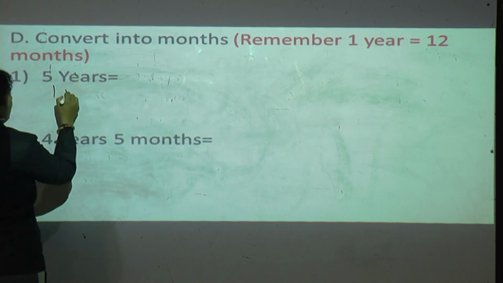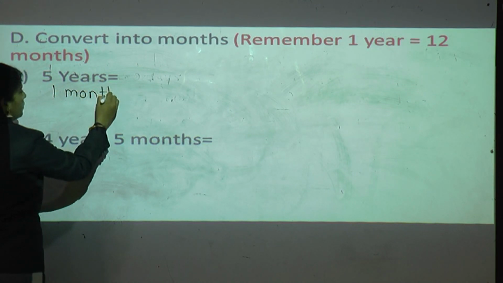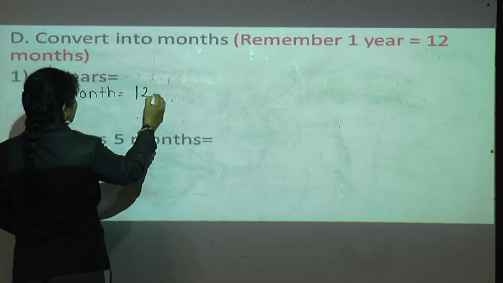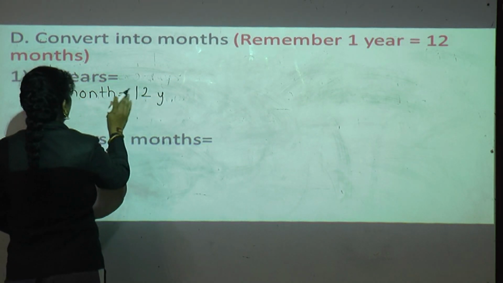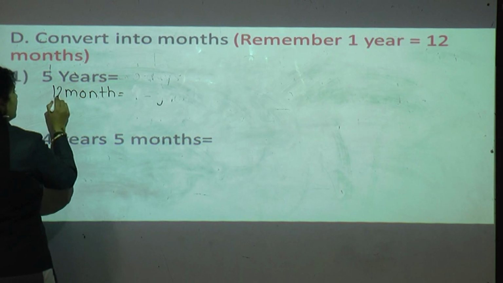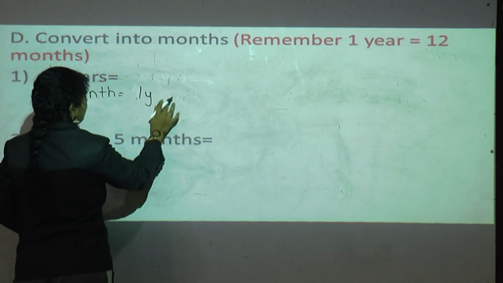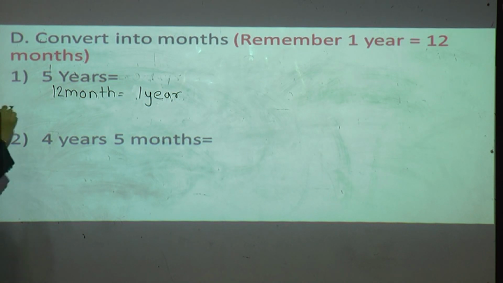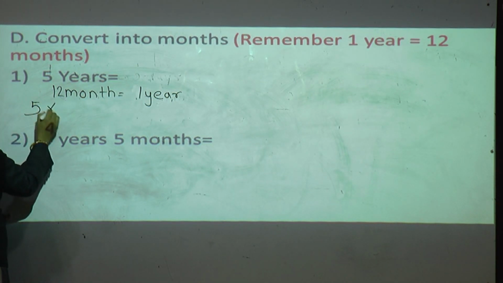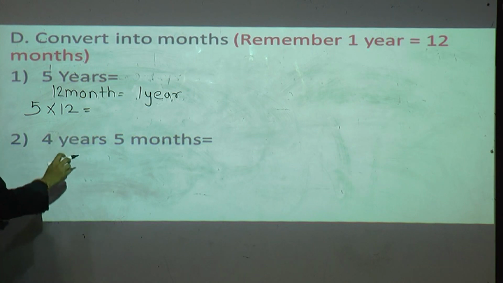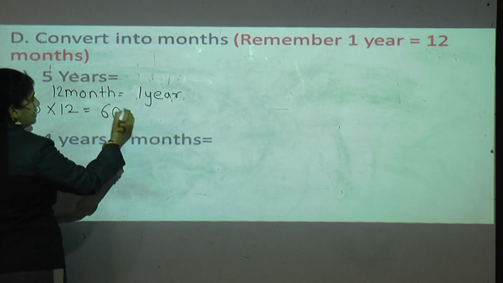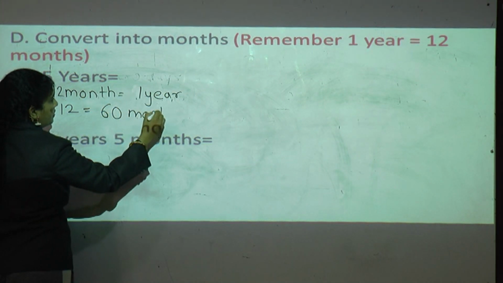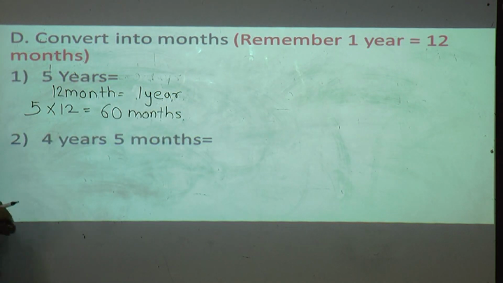So write here 12 months is equal to 1 year. So students, multiply 5 by 12. So you will get 60 months. That means 5 years is equal to 60 months.